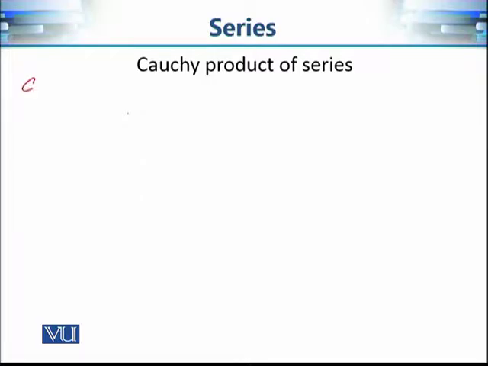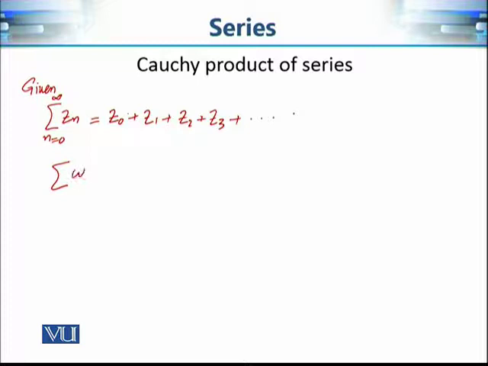Now let's move on to see why it is natural to define Cauchy's product in this way. To explore this, let's consider two series, Zn where n varies from 0 to infinity. So the terms of the series are going to be Z0 plus Z1 plus Z2 plus Z3 up to so on.